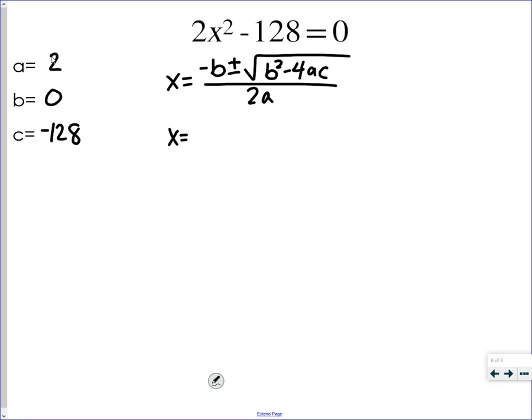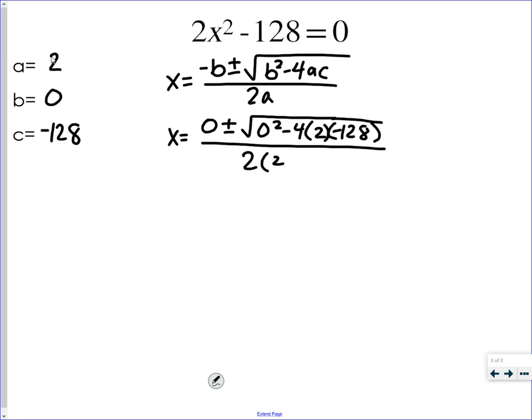Now, the opposite of 0 is still just a 0. 0 squared, well, that's just gonna be 0. 4 times 2 times a negative 128, all over 2 times 2. I'm going to do a keep, change right here.